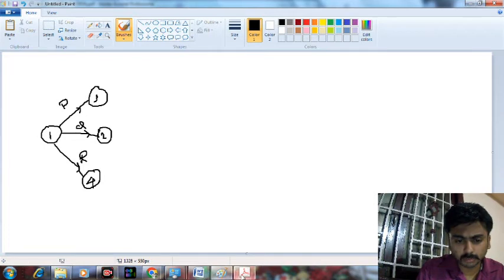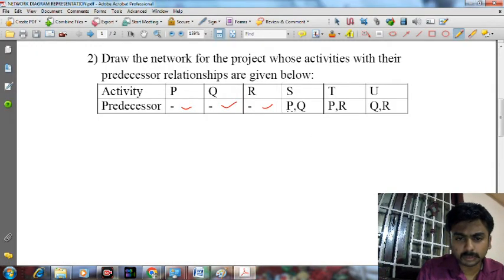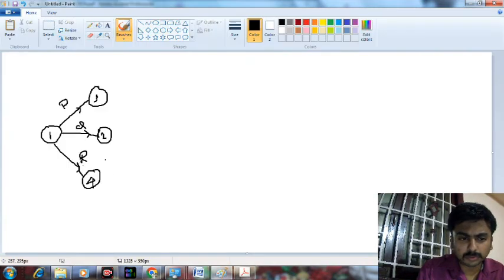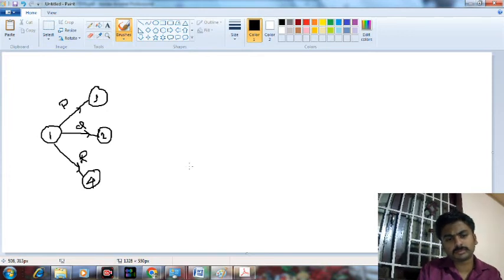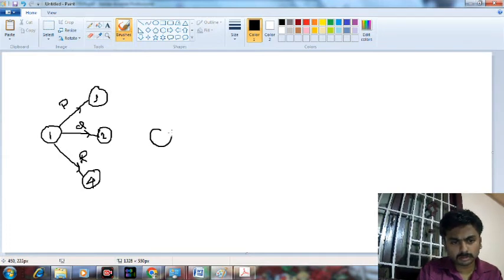Now I have to draw S, T, U such that S has P, Q as predecessors, T has P, R as predecessors, and U has Q, R. So S has P, Q. If I draw 5 here, I can connect this through a dummy activity.